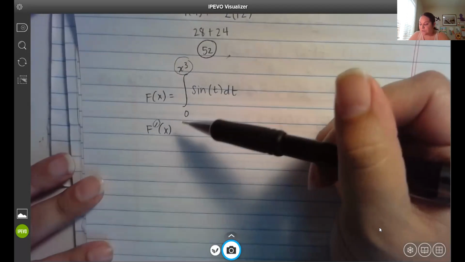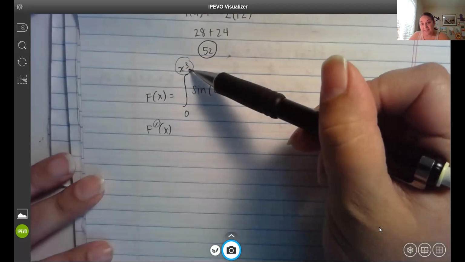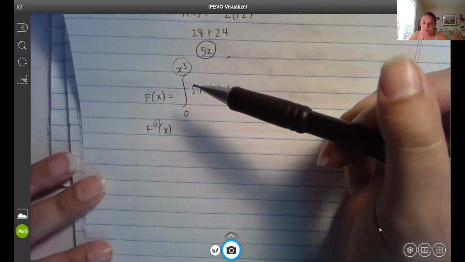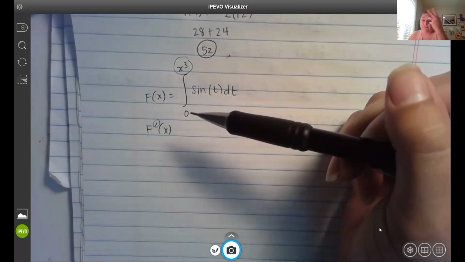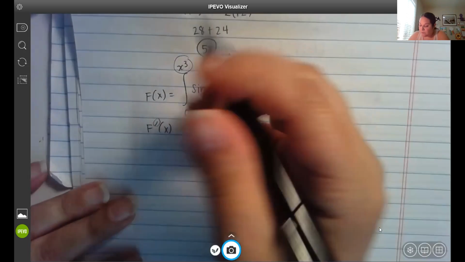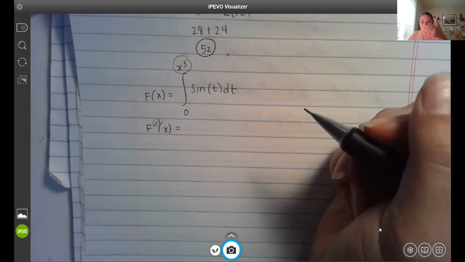However, that's only true when I'm going from a constant to x. So if this is a function of x, it's like using the chain rule, where there's a function inside of your function. If the integral is a function, x to the third is the inner function. So there is some inversing happening.